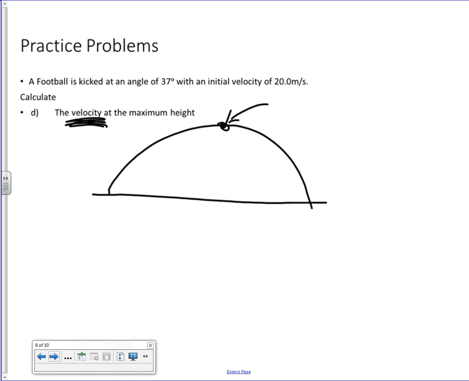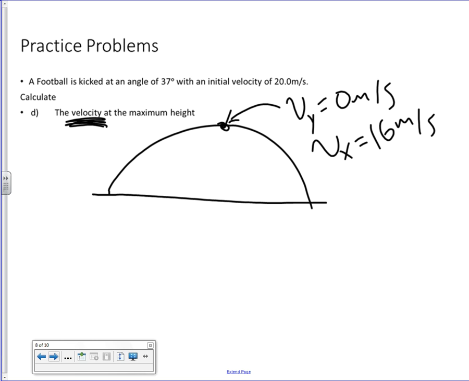We know at this point Vy is equal to 0 meters per second, but our Vx, which is constant throughout, is our 16, which we just found. So our total v is also equal to 16 meters per second. It still has a velocity of 16 meters per second at that point.